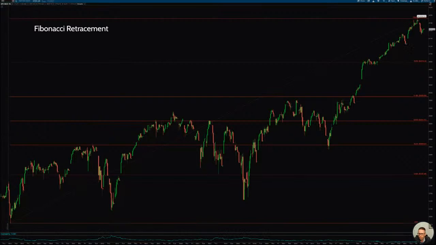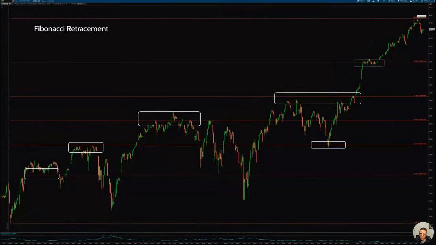But I wanted to make sure you understood why I use fibs. Now, in this case here, you'll see that the support and resistance ends up being around those areas you see in the fibs. Okay, there's congestion that forms, and it's just a natural process.